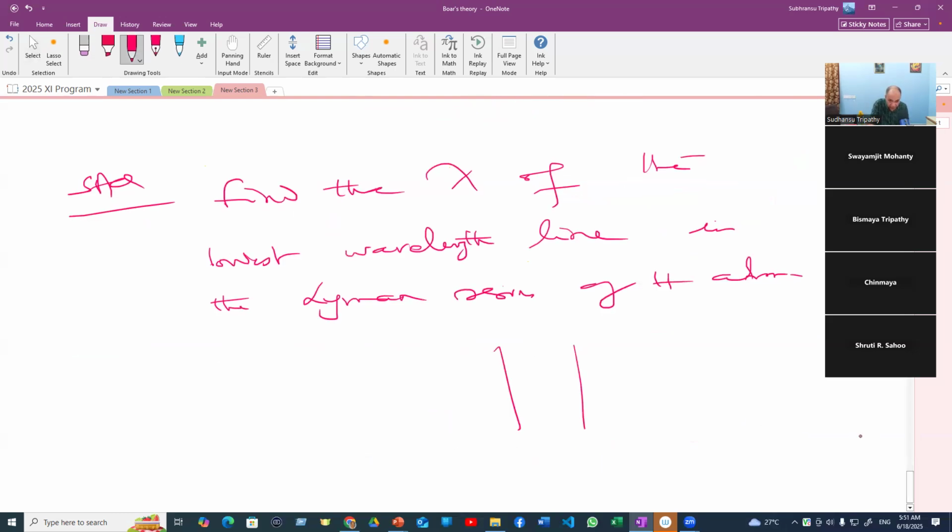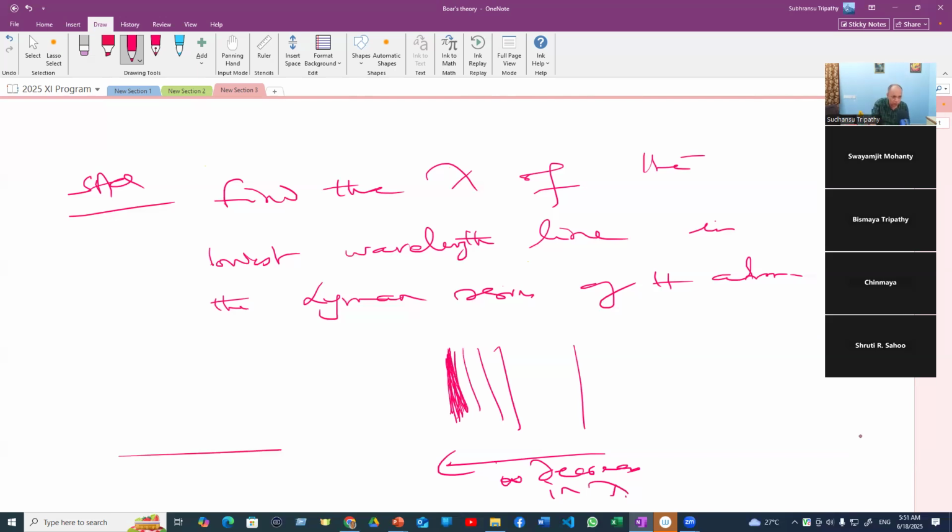I am talking of the lowest wavelength, because as you continue towards the continuum region, the wavelength decreases, because the transition energy increases, although the transition energies become very close to each other, still it increases. So the more the energy, the less the wavelength.